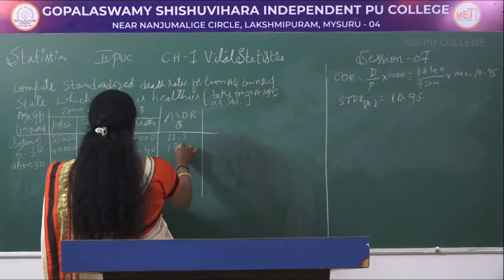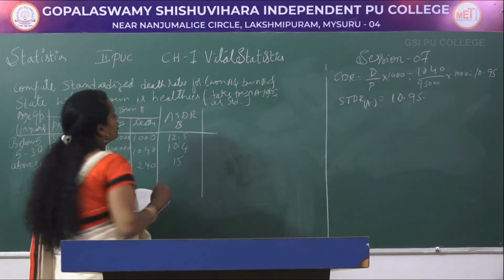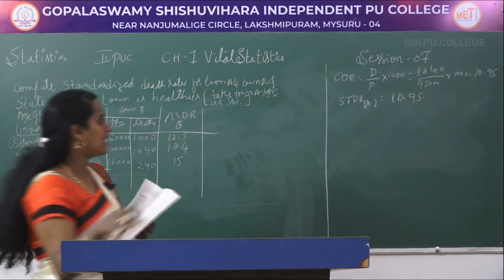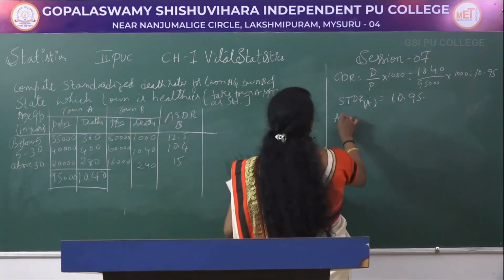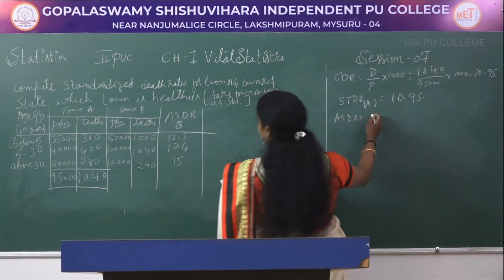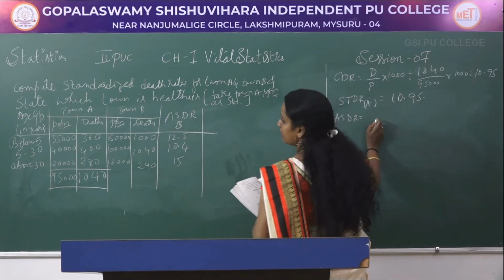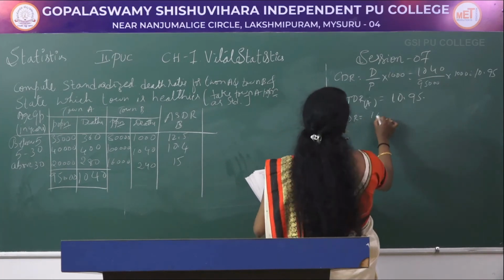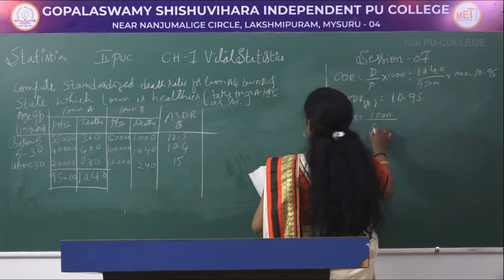The values are like this: 12.5, 10.4, 15. Already you know how to find ASDR. So I am showing the ASDR calculation for below 5. For below 5 it is deaths 1000 divided by 8000.